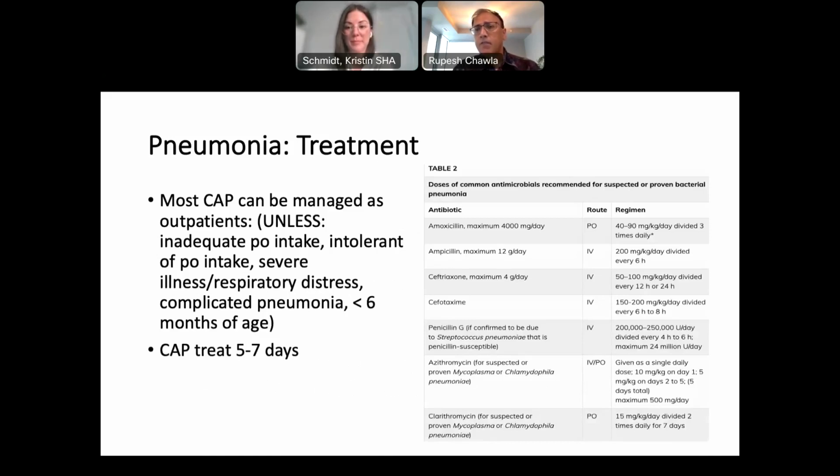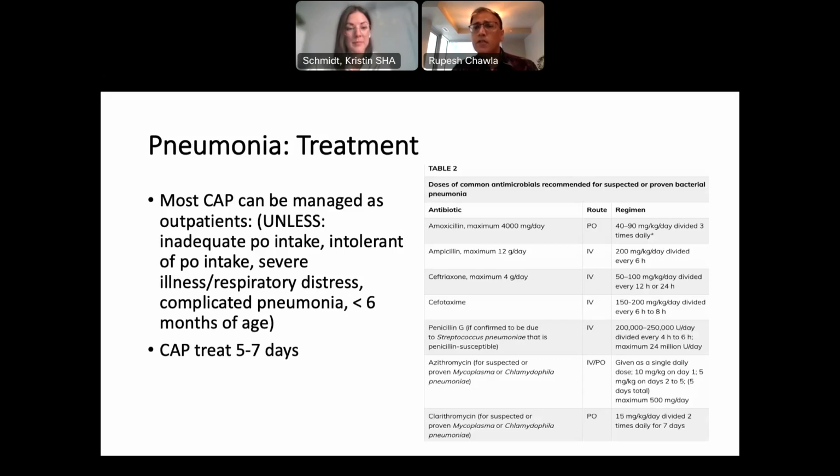So I think, again, the big point here is that most community-acquired pneumonia, as I said, is viral, but if you're deciding that this is a bacterial process, the majority of those patients can be managed as outpatients. So that means oral therapy. A lot of them do not need to be admitted to hospital or need parenteral antibiotic therapy.